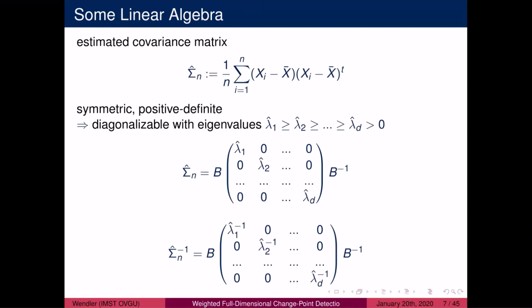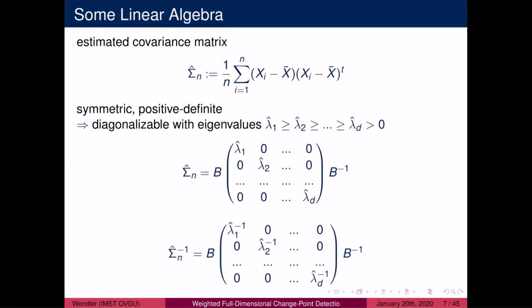Okay, so now I go back to maybe the first or second semester, some linear algebra. How do you calculate the inverse of a matrix? Well, one possibility is to diagonalize the matrix and then take the inverses of the diagonal elements.